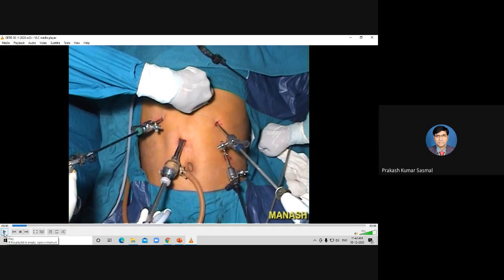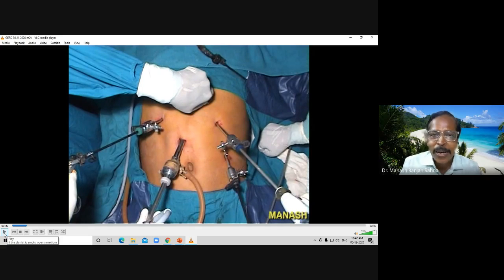I told you now because residents must know and watch this part of the surgeon's hand movement, what the surgeon is doing here. Initially, when we started laparoscopic anti-reflux surgery, we were not using Nathanson's retractor.